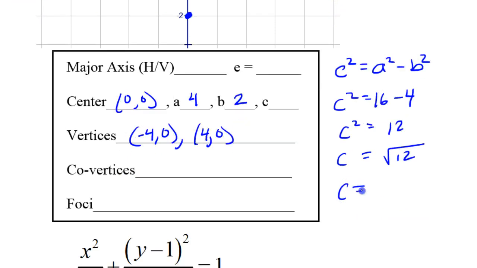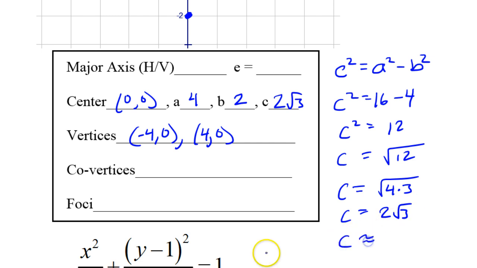We know that 12 is 4 times 3. So c is 2 radical 3. For graphing purposes, a decimal approximation would be useful. So c is approximately 3.4.